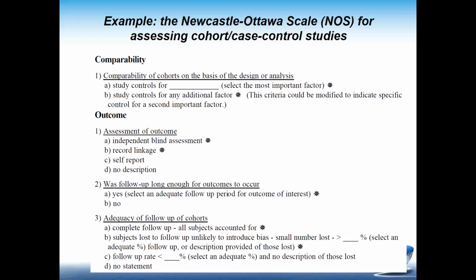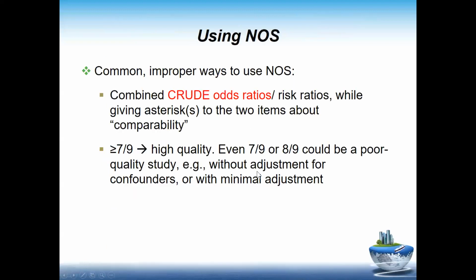In that case, I think it's still a poor quality study. Because for an observational study, like I said, the most important goal is the association between the 2 groups, right? And to get an accurate estimate of the association, confounding is most important. But now you didn't control any confounding, or only minimally controlled it. In this case, I think it's still a poor quality study. So that's why I personally think it's not a proper way.